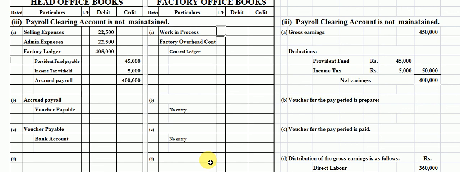The work in process as direct labor cost is 3,60,000 rupees, and the factory overhead control cost is 45,000 rupees, and the general ledger is credited the amount 4,05,000 rupees here. Students, this is the payroll entry in the book of the factory.